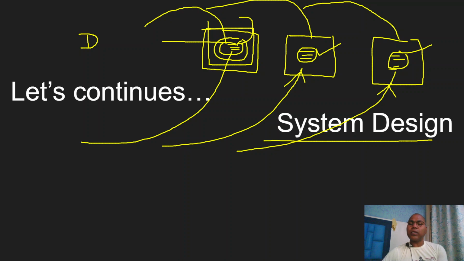It is not the case that I updated here, and multiple times I try to read, and still I am getting the old value, not the updated value. This is the consistency problem. Sometimes the user profile shows some data and sometimes different data. This is the data consistency problem.